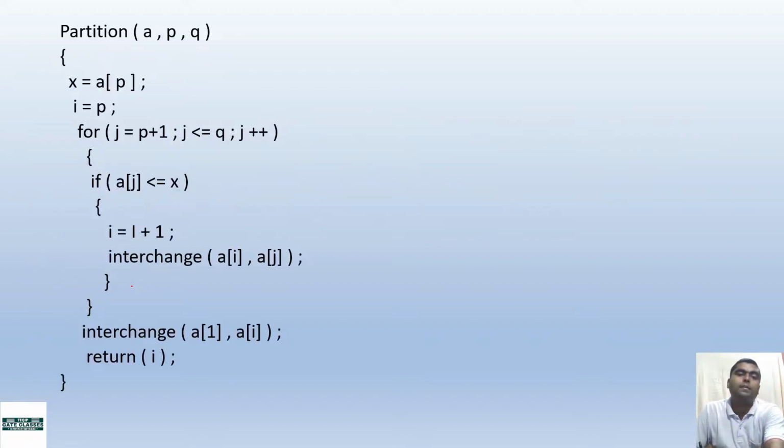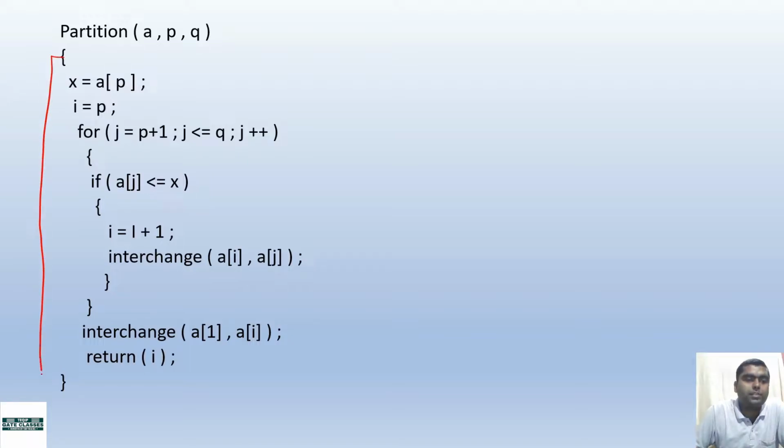Now, the very first one, the partition algorithm. As I told you, it plays an important and key role in the quicksort algorithm, a very major role. So let us see how this algorithm works. This is the starting and ending of this partition algorithm.